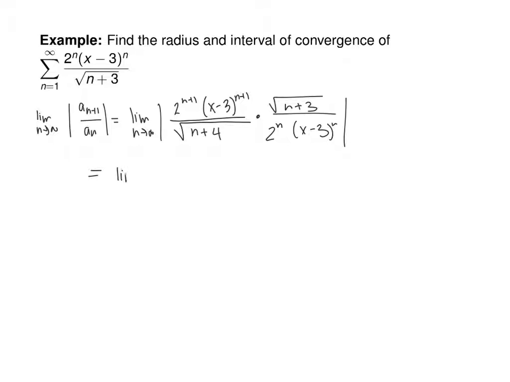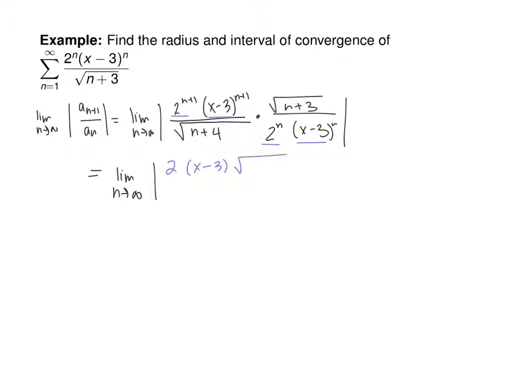And let's go through term by term and figure out what pieces are going to cancel. With this 2 to the n plus 1, and that 2 to the n, the 2 to the n's will cancel, leaving us just 2. Same here with the x minus 3's, we'll have just times an x minus 3.